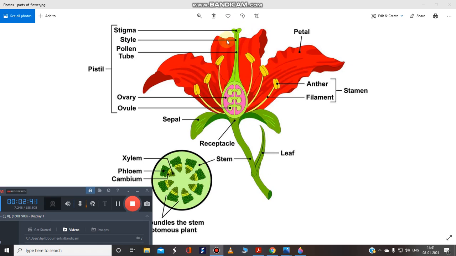These two are important parts also. So stigma, style, ovary, pollen tube, they comprise the pistil. I hope this is clear now. Leaf, sepal, petals, anther, filament, stamen, then ovary, inside ovule, then pollen tube, stigma, style, they form pistil.